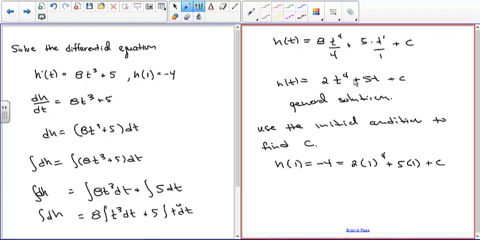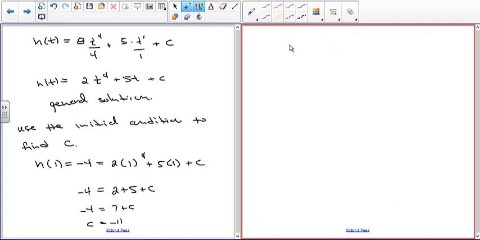So it's 2 times 1 to the 4th plus 5 times 1 plus c, and you see that the only thing we don't know right now is c. Just do some algebra here. So we get c is equal to negative 11. And so the final answer, h as a function of t, is going to be 2t to the fourth plus 5t minus 11.